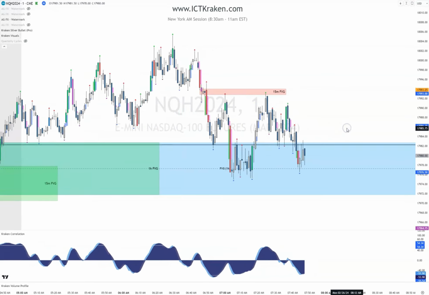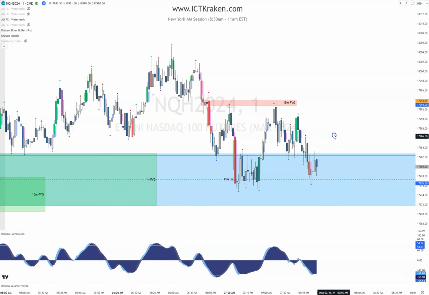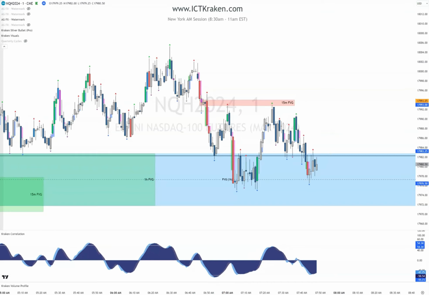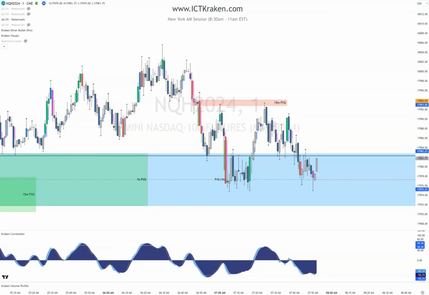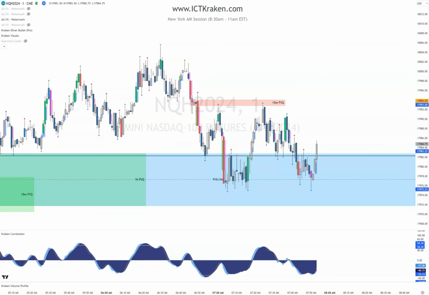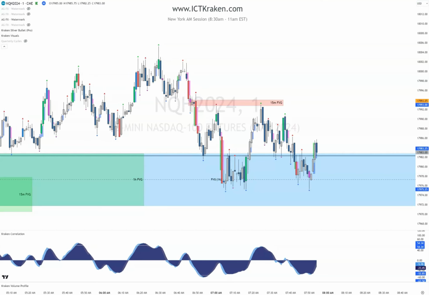So I'm going to zoom this in so you can see candle by candle a little bit better. So let's play this out a little bit. I'm going to put my crosshairs on so you can see now you got some relative equal lows here, like you just added to it. So there's a lot of buildup of orders here.